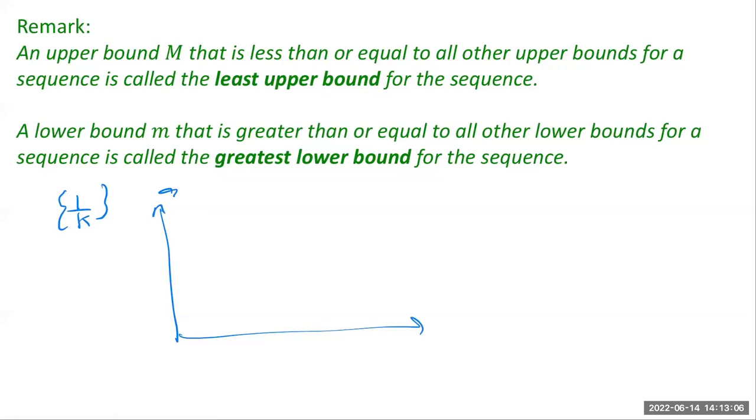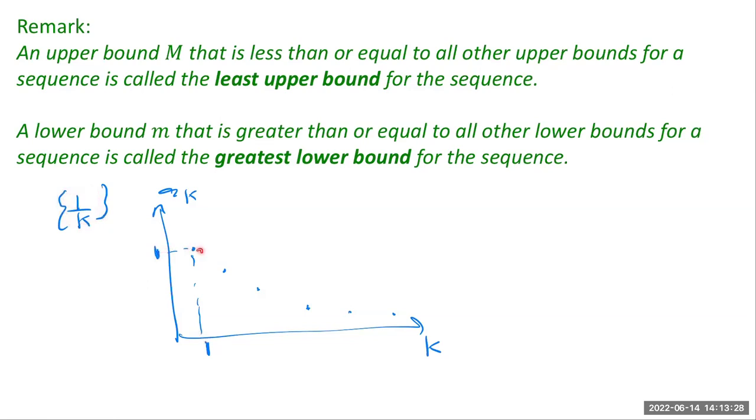If you put your a_k here and k here, you saw that this was a sequence going down. This is 1, of course, when k is equal to 1, a_1 is 1. You plug in 1 here.